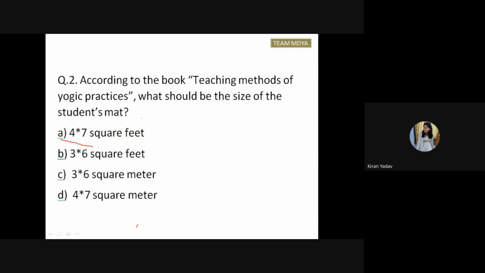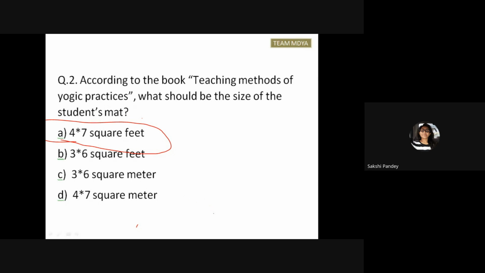Yes, option A is correct. After this, in which chapter is this given? Sakshi ji. Ma'am, I don't remember the chapter, but I think I've studied it. Yeah, it's sitting arrangement, ma'am.